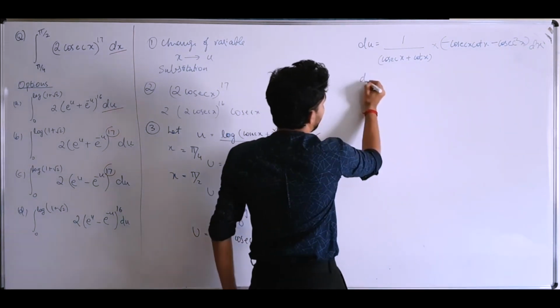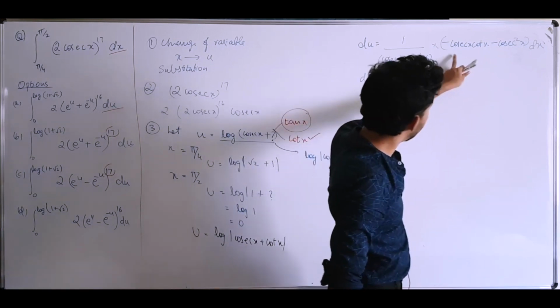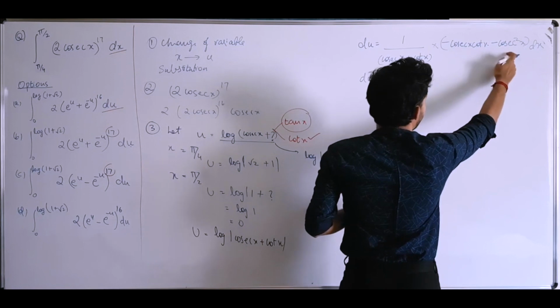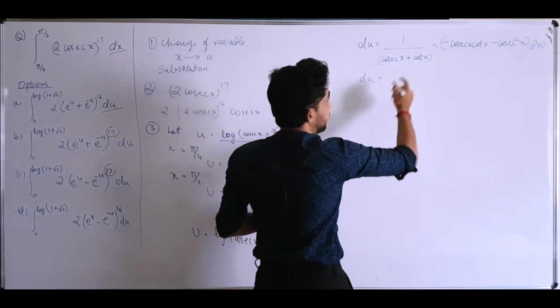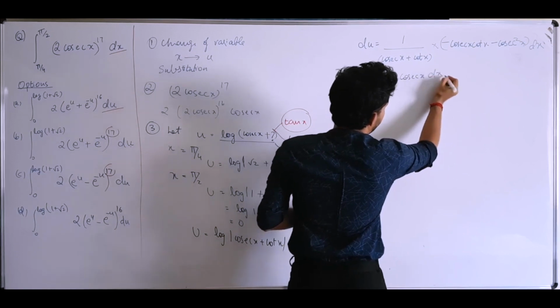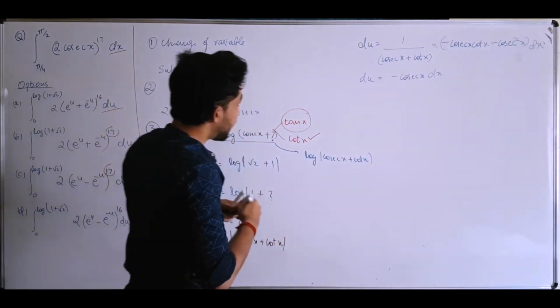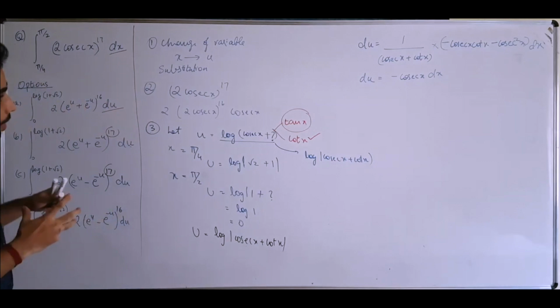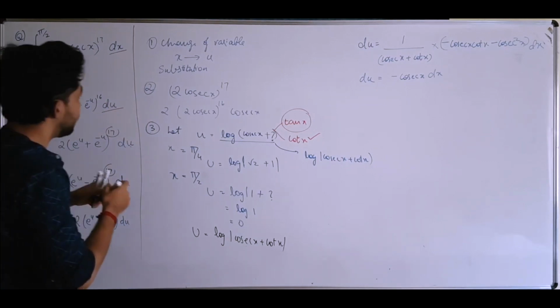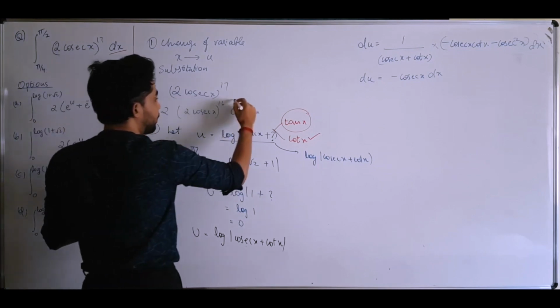And here I can take minus cosec x outside, so that you will be getting cot x plus cosec x, and that you can cancel with this, so you will be getting minus cosec x dx.